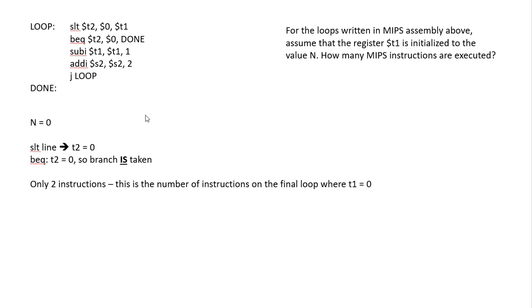So we do take the branch to done. You end up with S2 equal to 0, and they're asking for how many MIPS instructions, and you only did 2, the set less than and the BEQ, so that is 2 instructions.